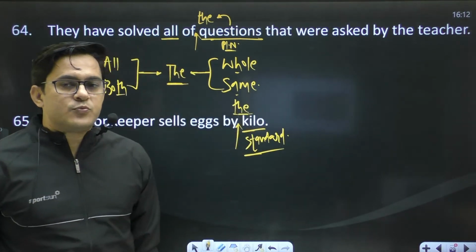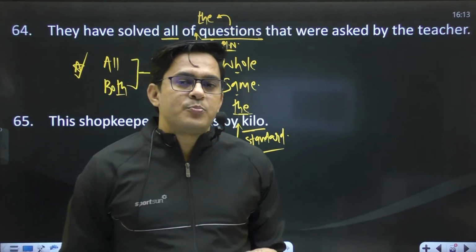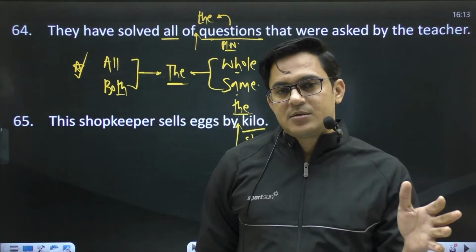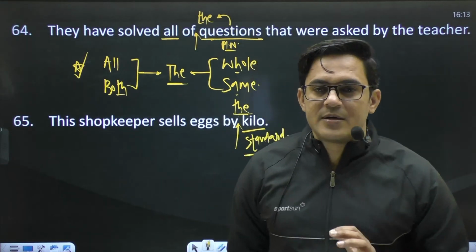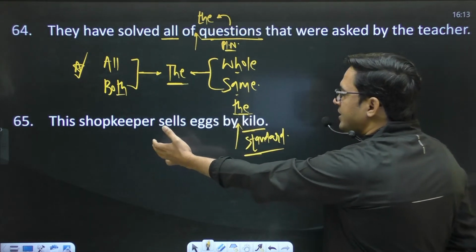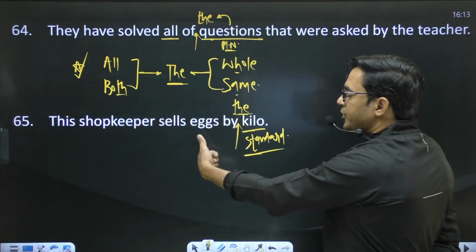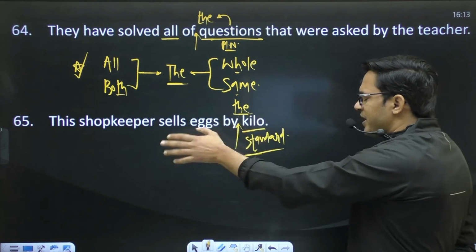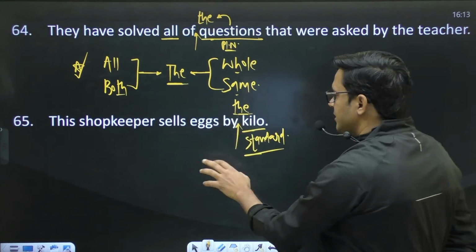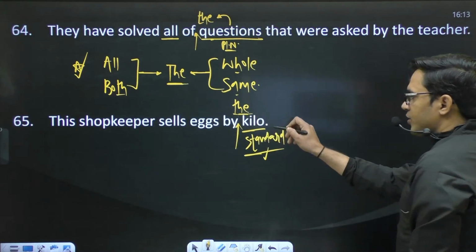For example, milk sells at rupees 60 the liter, right? So by the kilo we have to speak. Or you can say milk sells by the liter, or cloth sells by the meter, or many sentences like wheat sells by the kilo. Whatever standard you are given, you have to use the article the before that particular standard.